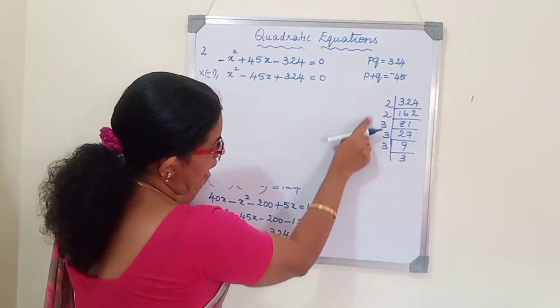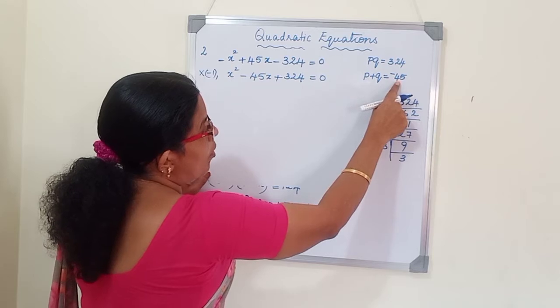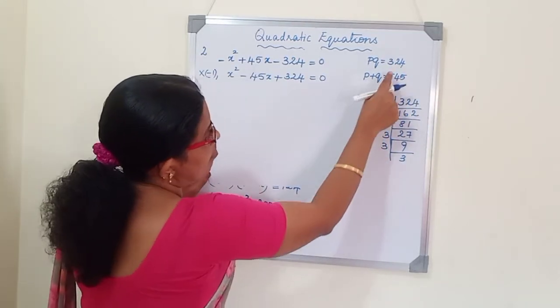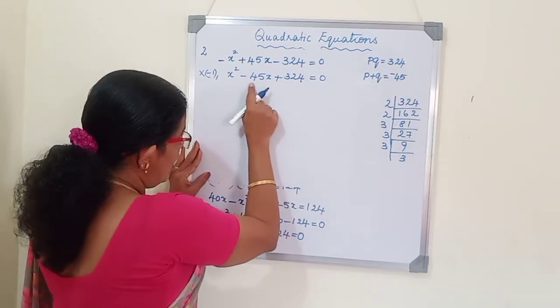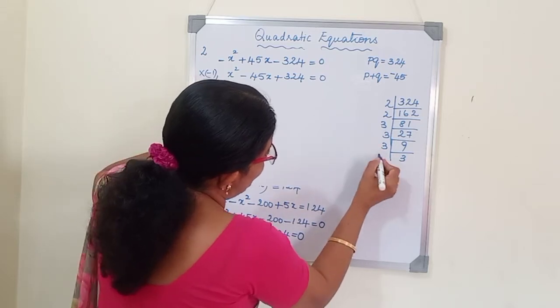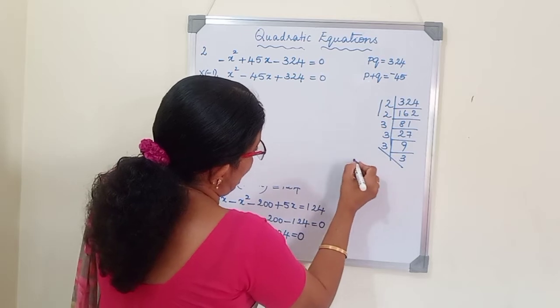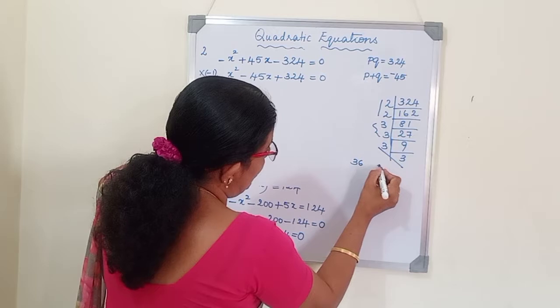Now we have to select two numbers from this in such a way that the sum should be 45. Otherwise, when we multiply all these numbers, we know we will get 324. So we don't need to see the product. We have to see 45. So we'll see 3 3s are 9, and 9 into 4 is 36.